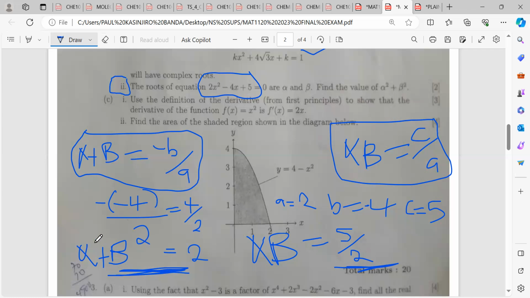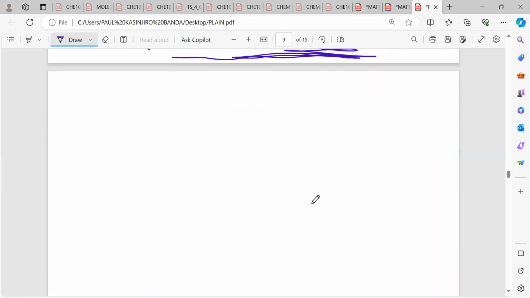Okay, so now after finding our sum and our product, we are going to express what we have been given here in terms of the sum of the 2 roots and the product of the 2 roots, because just like this here, you can't find it. So what is the identity for alpha squared plus beta squared?